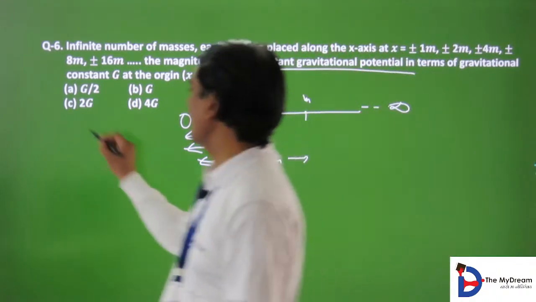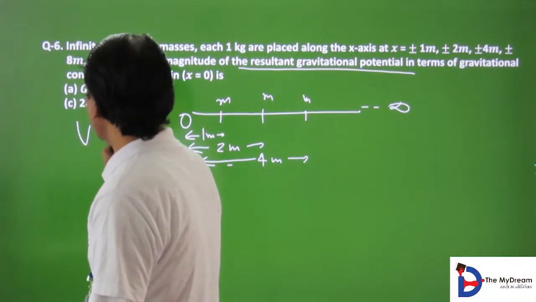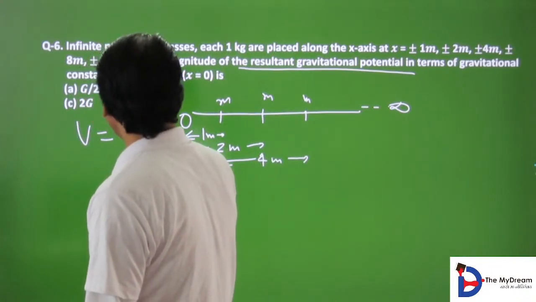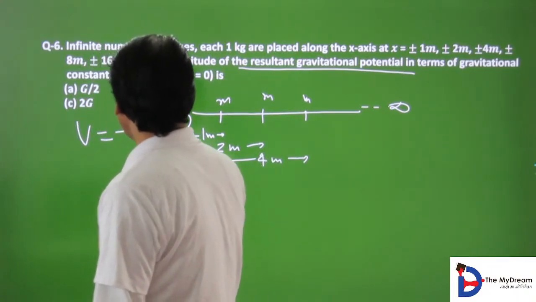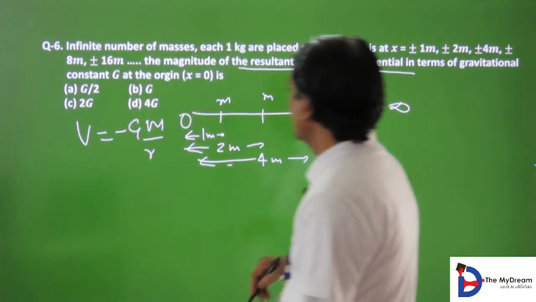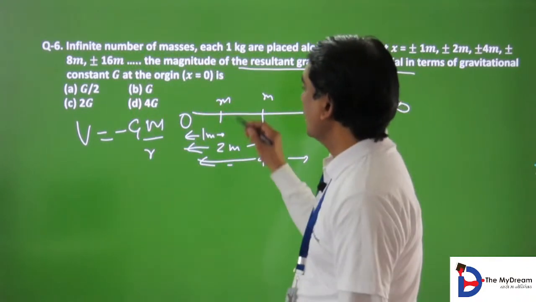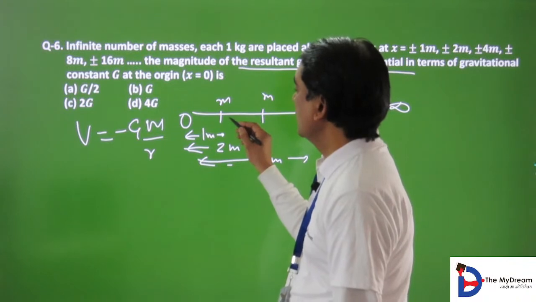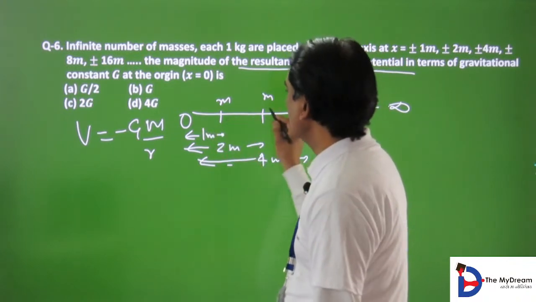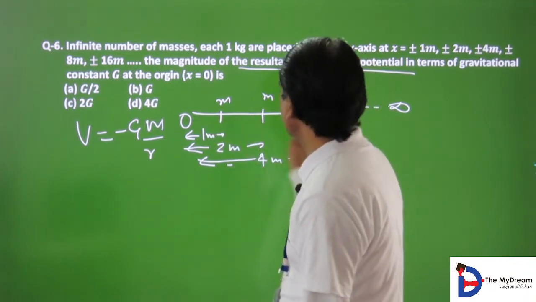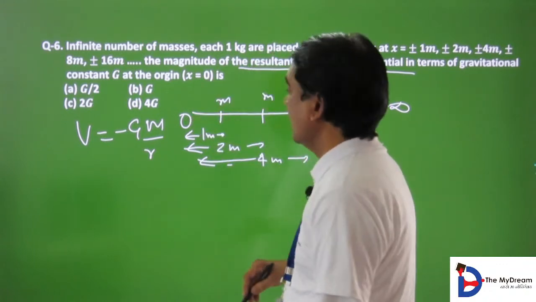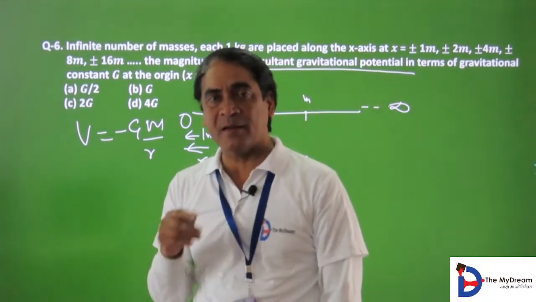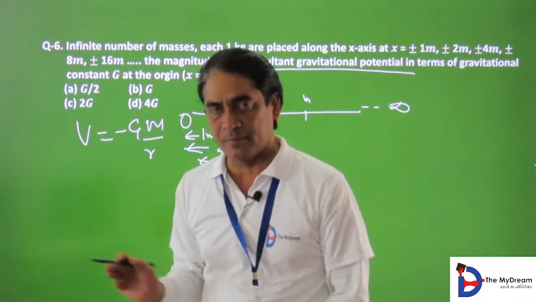Gravitational potential is given by Gm by R. First, this is due to second and third. And potential is a scalar quantity, that's why we are following the algebraic sum.